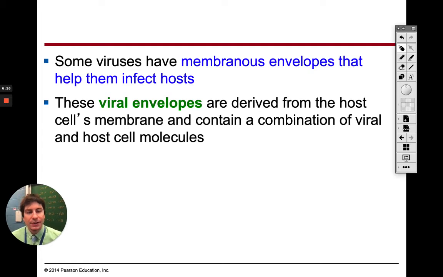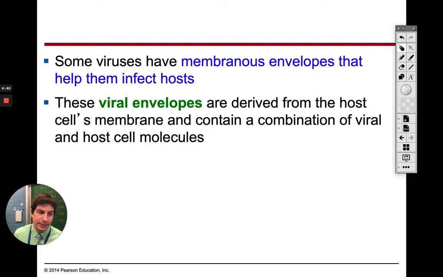Now, viruses are going to be let into the host cell. We are going to have this capsid on our virus, and around that capsid we are going to have some proteins, and on the host cell we're also going to have some proteins.